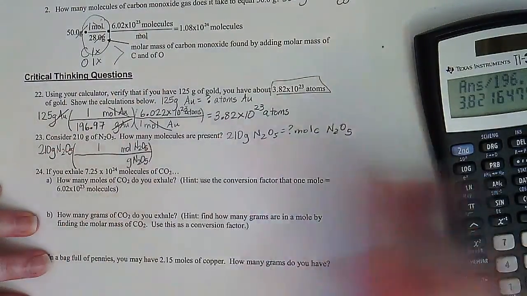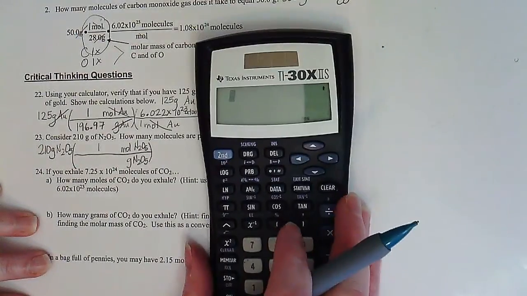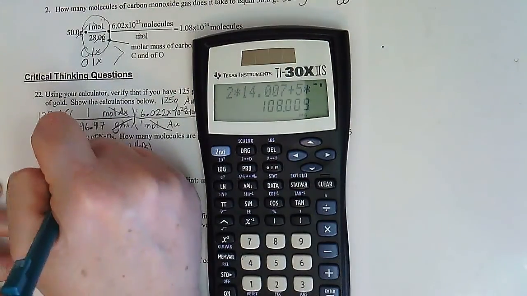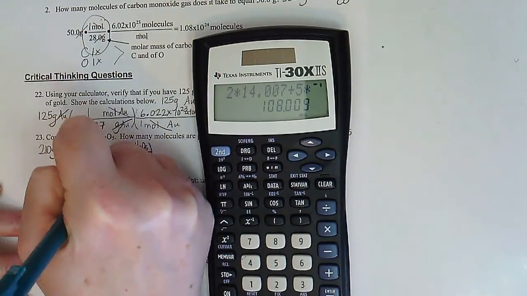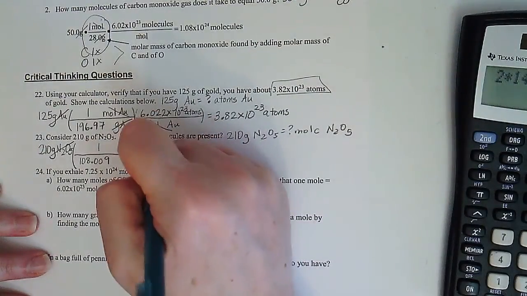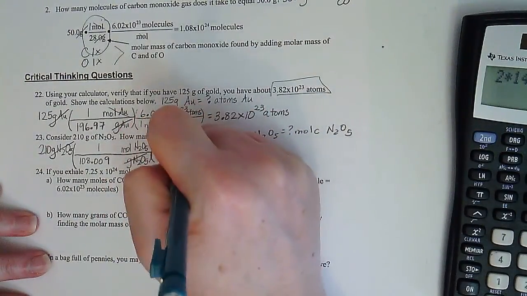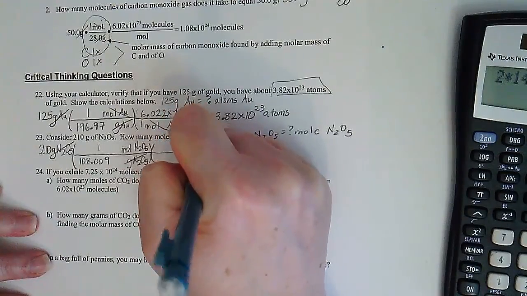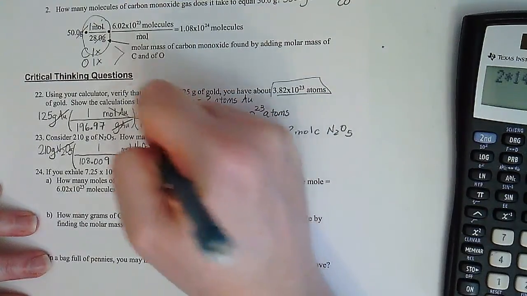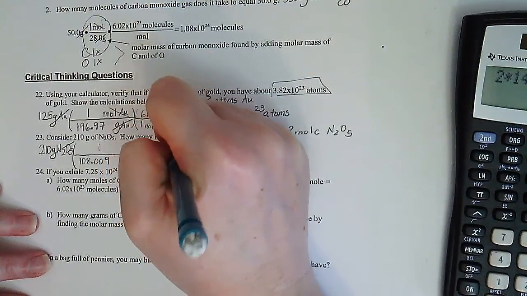This comes from adding up 2 times the mass of nitrogen plus 5 times the mass of oxygen. So I get 108.009. Now I'm in moles. But I want molecules. 1 mole is Avogadro's number.